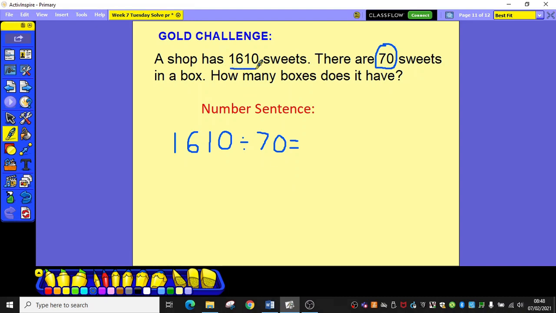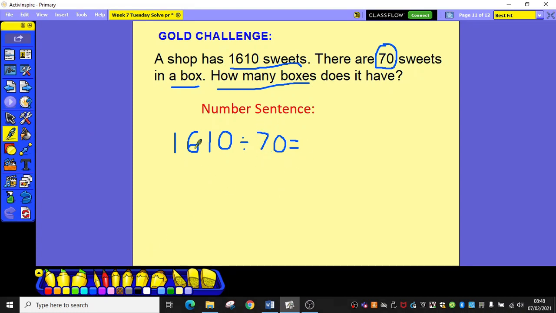I've got 1,610 sweets. There's 70 in a box. Okay, it's a box this time, not packets, but same principle. How many boxes? Okay. Now, some of you might be feeling a little bit unsure about counting in 70s.